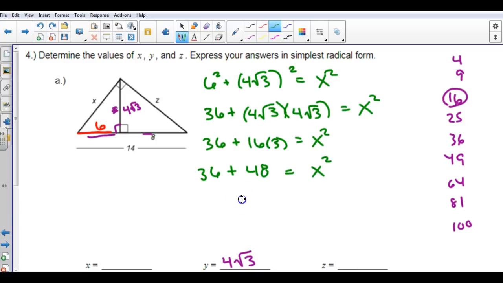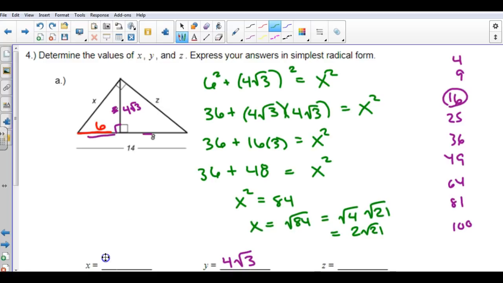So from here, I'm going to say that x squared is equal to 36 plus 48, which is 84. And then I'm going to take the square root of 84 at the very end, and we've actually already simplified 84. We knew that 84 could get broken up into the square root of 4 times the square root of 21, and that ends up being 2 radical 21. So that is my x value.